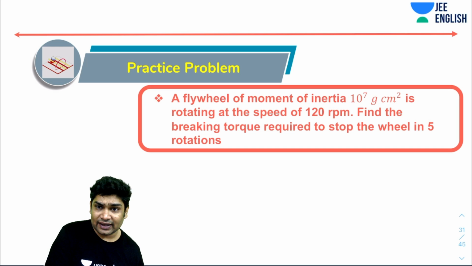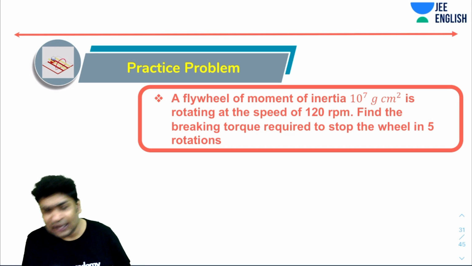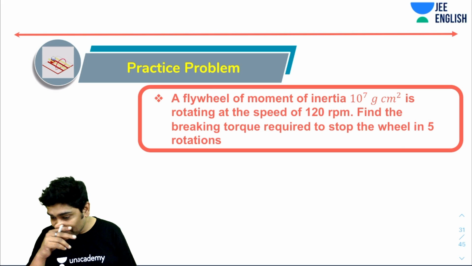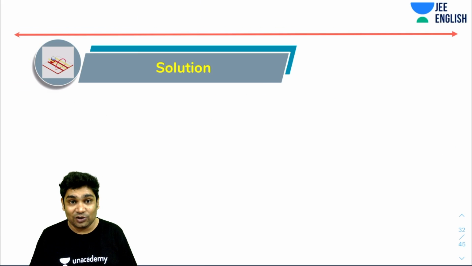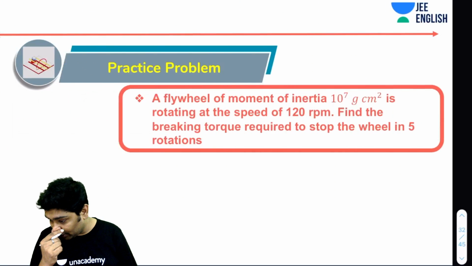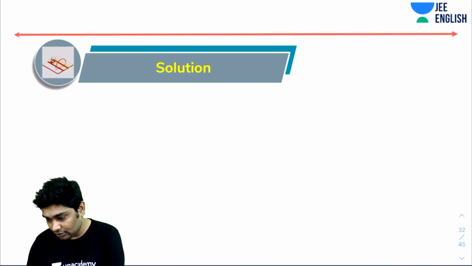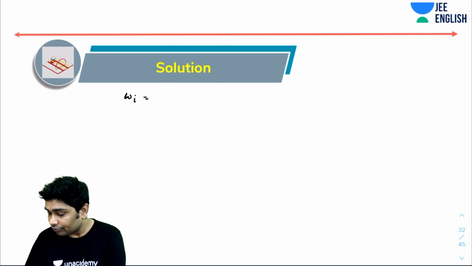Okay, I think that concludes 1 minute, and by now you should have done your answers. Just be careful about the units. That's the only thing where you can go wrong. So initial omega, let's write that. Omega initial was 120 rpm.